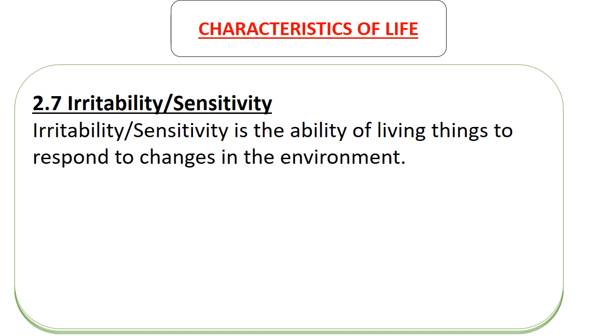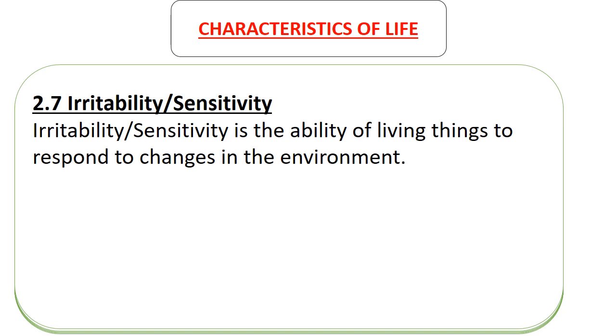Another good example is a sunflower. It always points where the sun is. In the morning, it will be facing east. As the sun rises up, it will be facing upwards, following the sun. That is responding to changes in the environment. A non-living thing doesn't possess this. If it does possess this, of course, you cannot quickly qualify it to be a living thing.